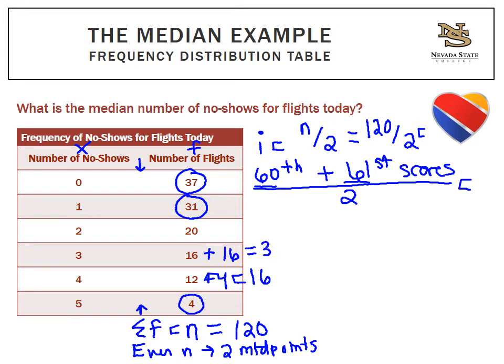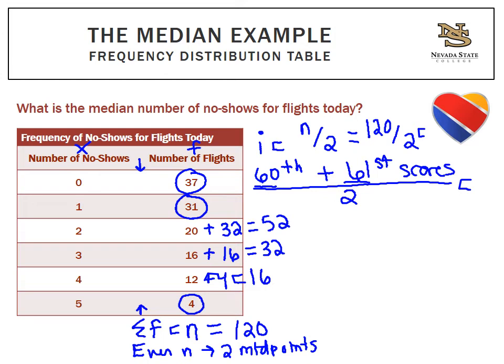So now the 17th through the 32nd score is a 3. We take that 32 plus this 20, and we know that the 33rd through the 52nd score is going to be a 2.